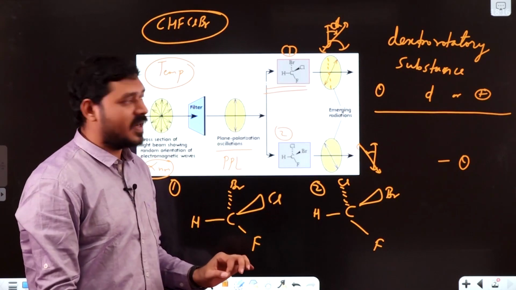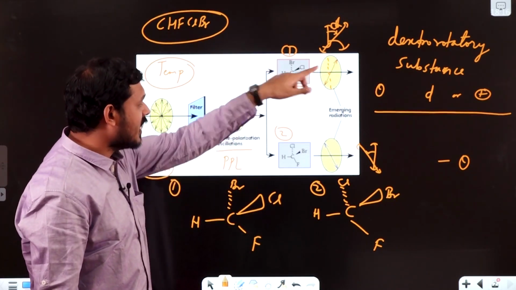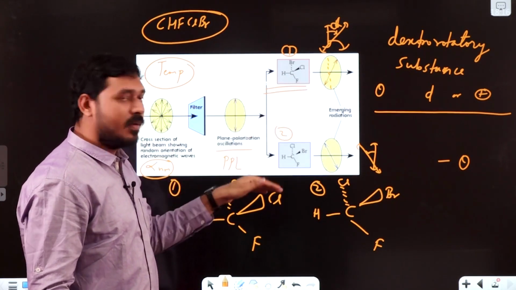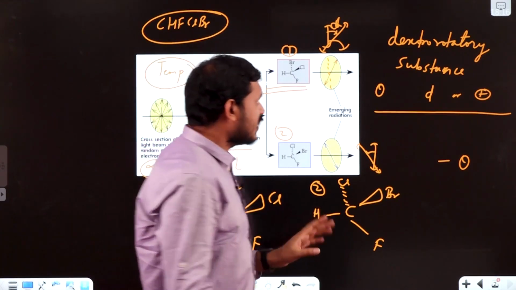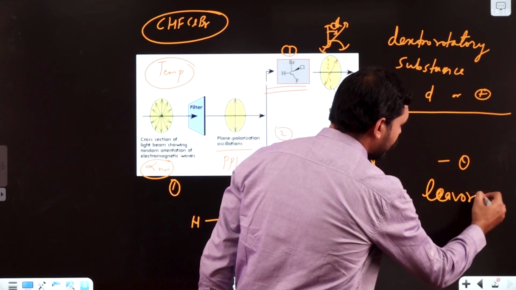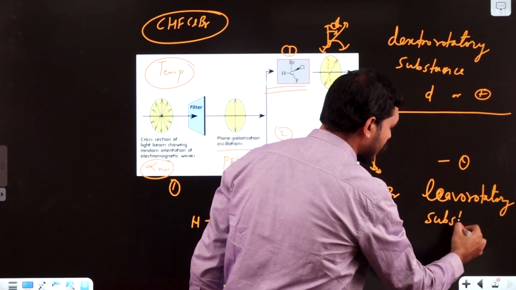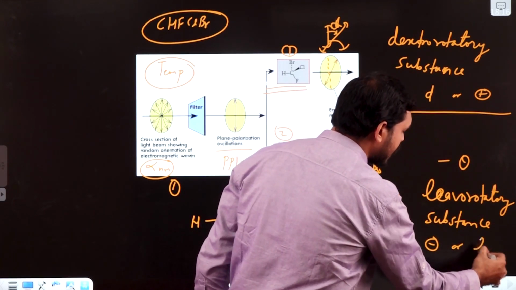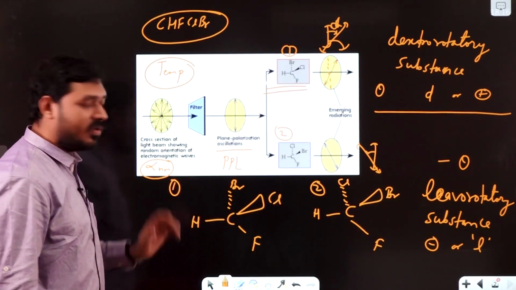The only difference for the same compound which are mirror images of each other is that if it rotates clockwise, the other will rotate anti-clockwise. If it rotates theta angle, it will rotate minus theta angle. Clear? So this is your levo-rotatory substance represented by minus symbol or small l. Okay, dear students, note it down and let's continue the topic.